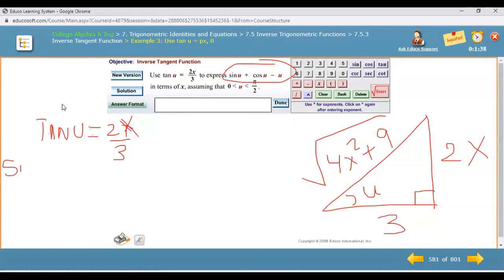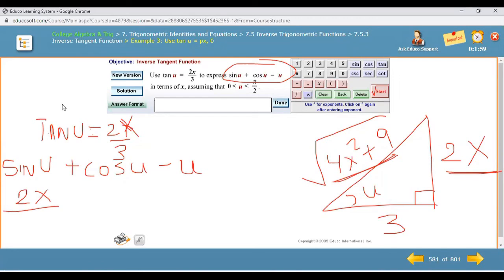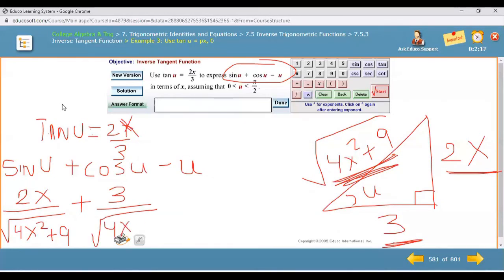Now once we have used a Pythagorean theorem, what I need to calculate is sine u plus cosine u minus u. Okay. Sine u. Sine is opposite over hypotenuse: 2x over radical 4x squared plus 9, plus cosine u, adjacent over hypotenuse, 3 over radical 4x squared plus 9, minus u.